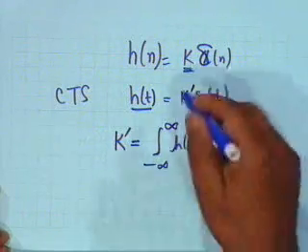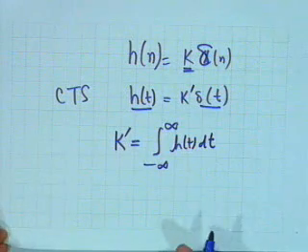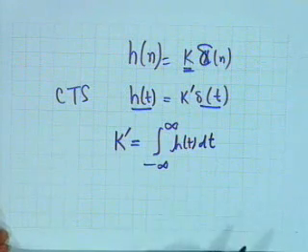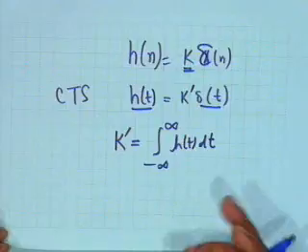That is correct. You see the difference between the two constants? A continuous time memory-less system has a constant in its impulse response, which is given by the total integral of the impulse response for all times, minus infinity to plus infinity.